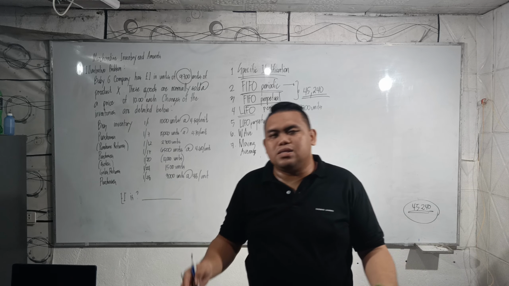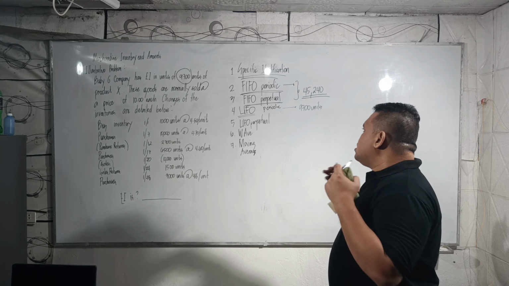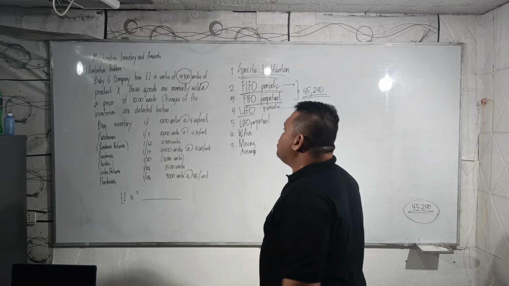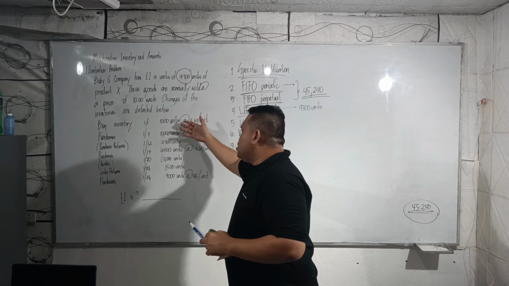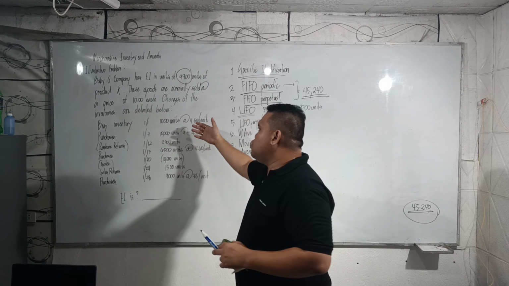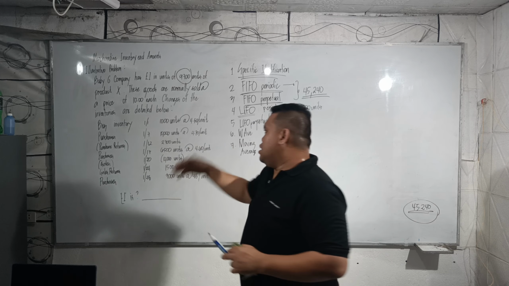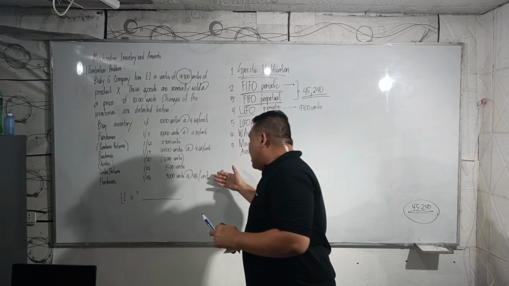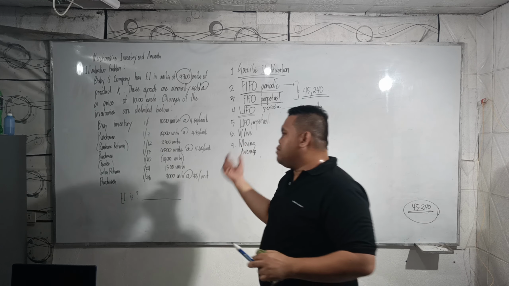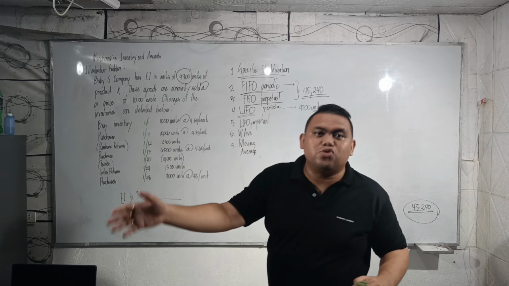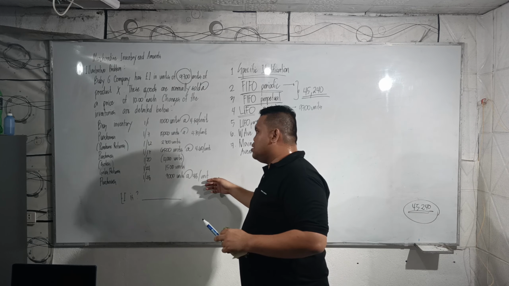That's the meaning of last in, first out. Again, that is very much in reverse with the first in, first out, because in the first in, first out, the first inventories will be sold first. In the last in, first out, the last groups of inventories that came to the company will be assumed to be sold first.